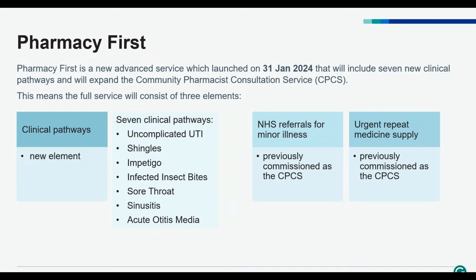There are some very strict, as you would expect, inclusion-exclusion criteria and pathways laid out with appropriate referral routes and advice where antibiotics or antivirals might not be indicated, but the pharmacy may be able to offer the patient or support them via other means. So that's the new part of the service, but the whole thing is being branded under the umbrella term of Pharmacy First since the 31st of January.